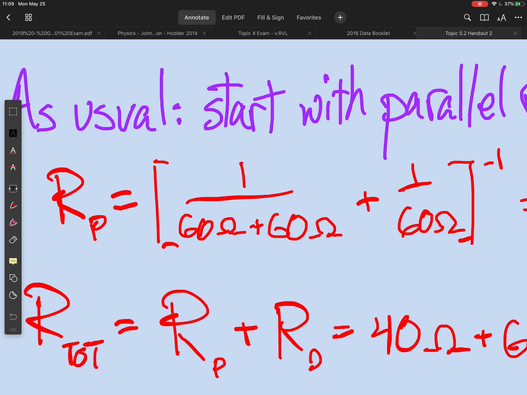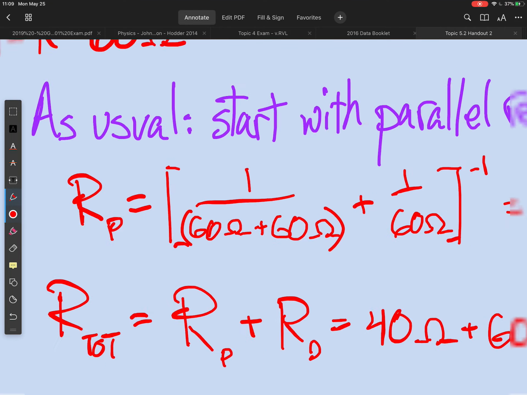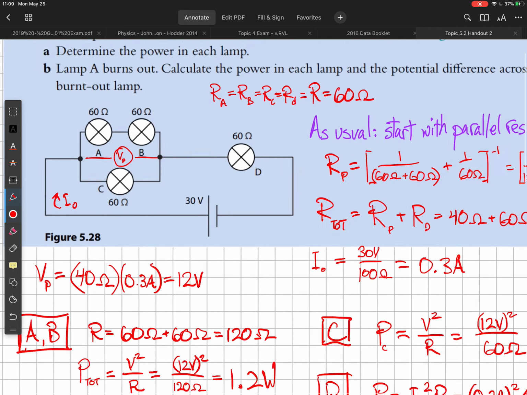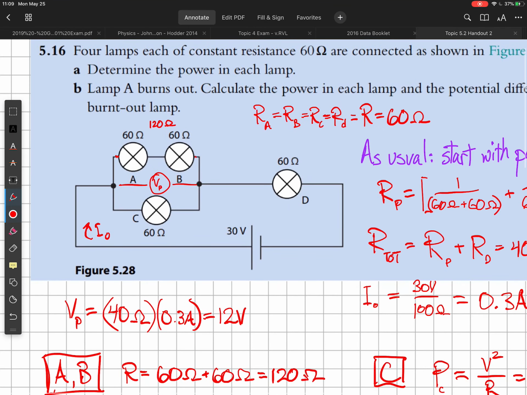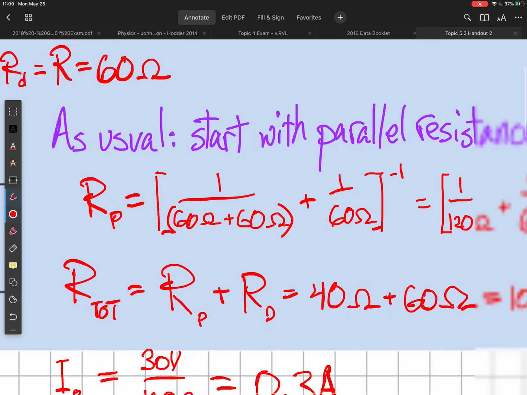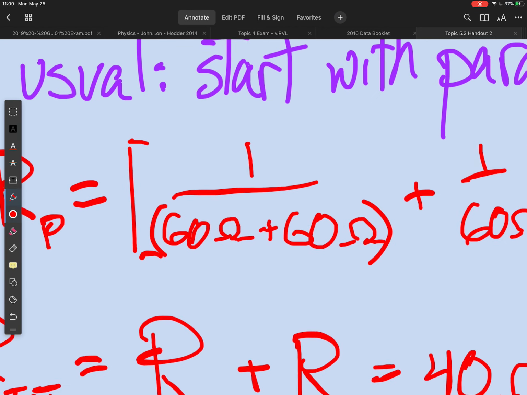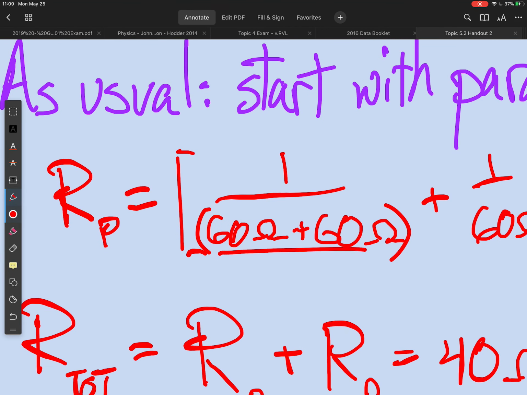So notice here that we have combined the series resistance from our series component so that we have a total resistance from this point to this point of 120 ohms. Okay, so that is the value that we put in for our initial inverse parallel value right here.